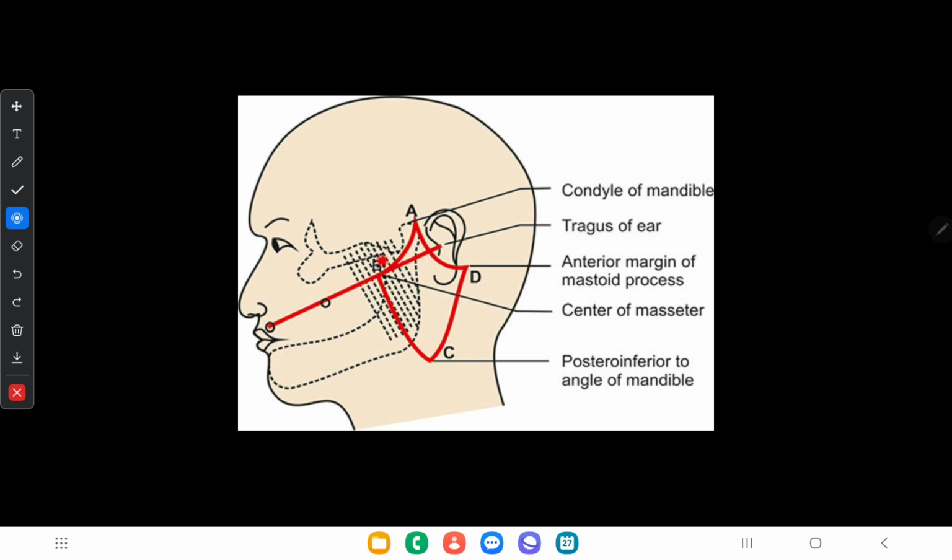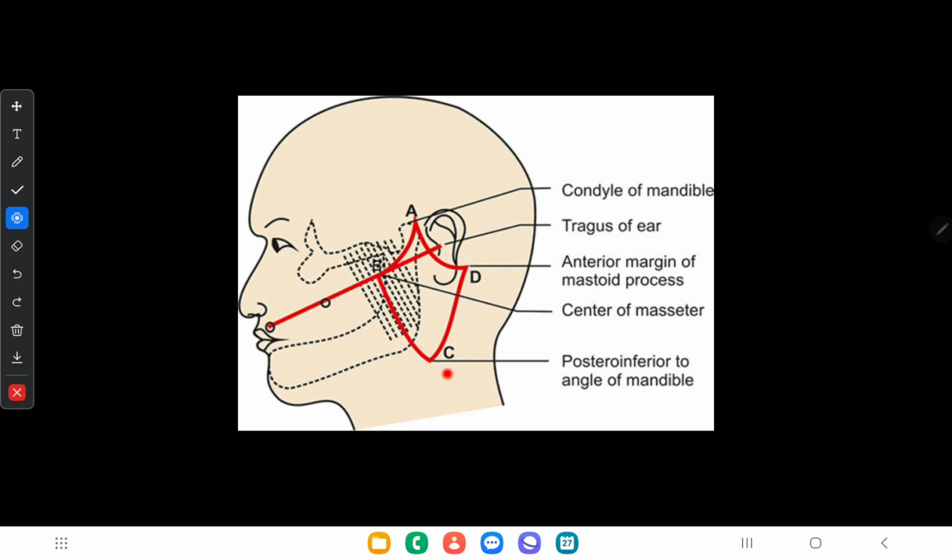Then the second point is marked on the center of the masseter muscle here. And then the third point, you can see it is just posterior inferior to the angle of the mandible here. So these are the 3 points, and we have to match these 3 points to draw the curved anterior border.